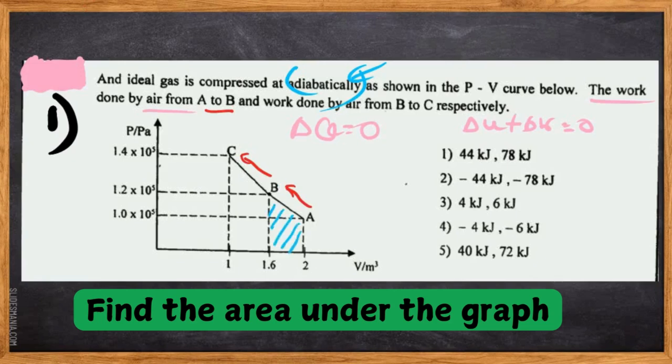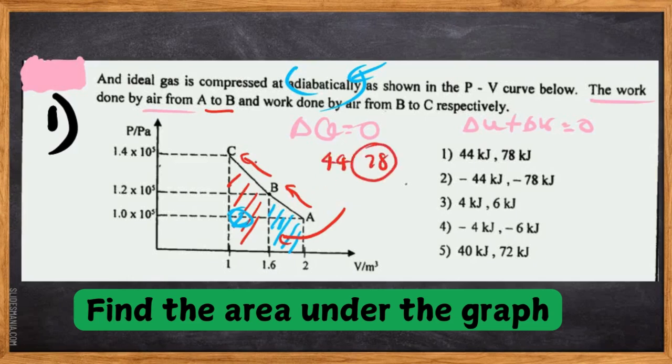This is the AB work and this is the BC work. So find the area of these two trapeziums, 1 and 2, and you will get 44 and 78.